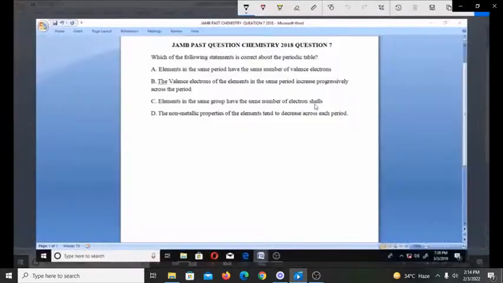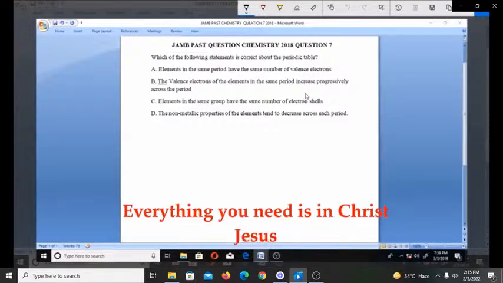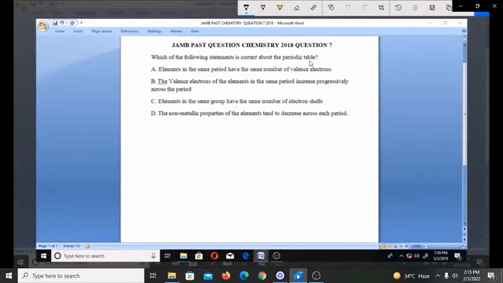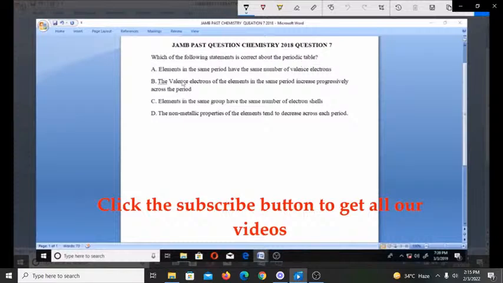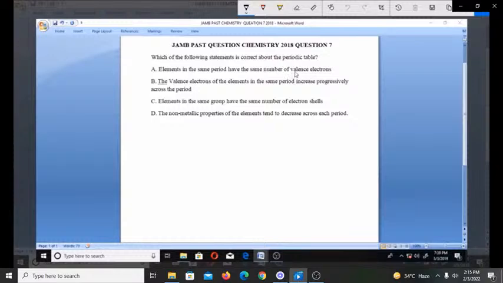Yes, welcome, let's look at question number 7 for JAMB Past Question Chemistry 2018. Which of the following statements is correct about the periodic table? A. Elements in the same period have the same number of valence electrons.